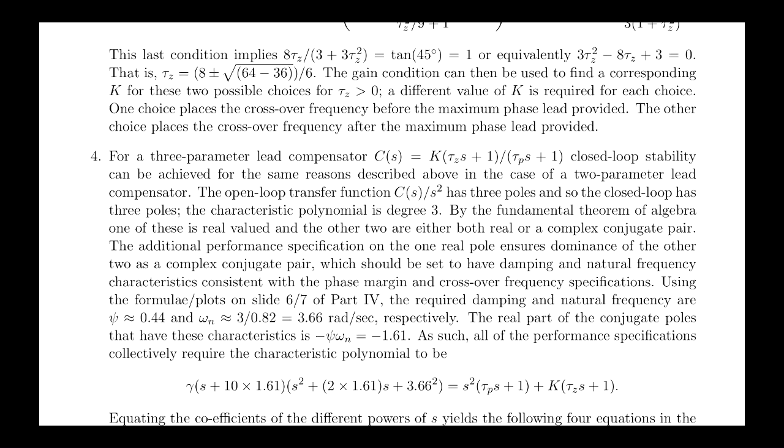Why might we have a specification like that? Well, because if that's the case, then the closed loop response will be dominated by the conjugate pair of poles, right? And so it would then be reasonable to approximate the closed loop complementary sensitivity function by canonical second order dynamics.